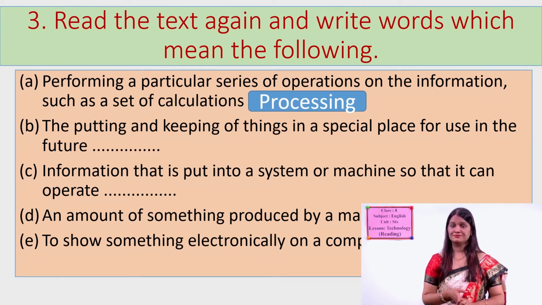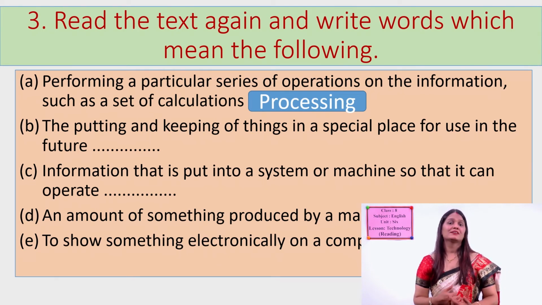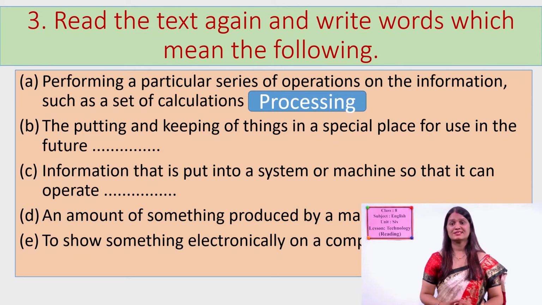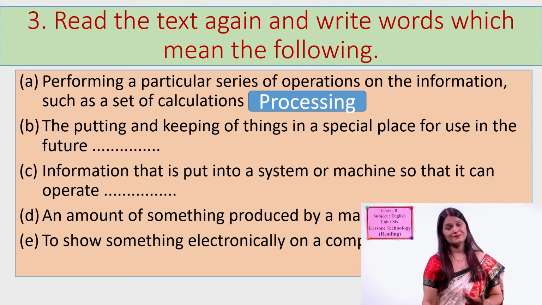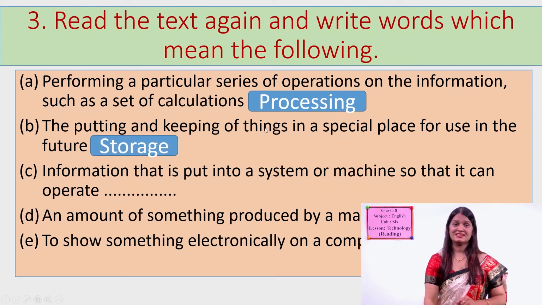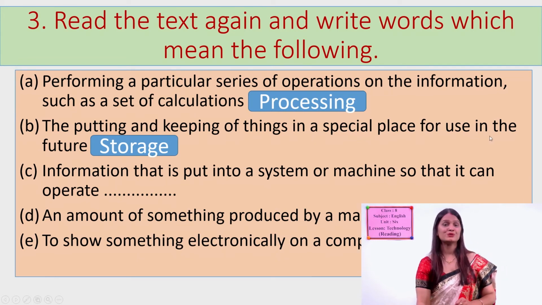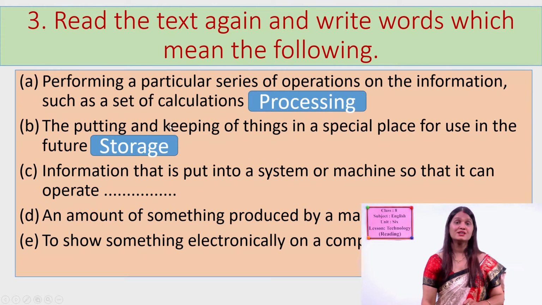Okay. The putting and keeping of things in a special place for use in future is what? Yes, storage. This means the putting and keeping of things in a special place for use in the future. That means storage. Information that is put into a system or machine so that it can operate.